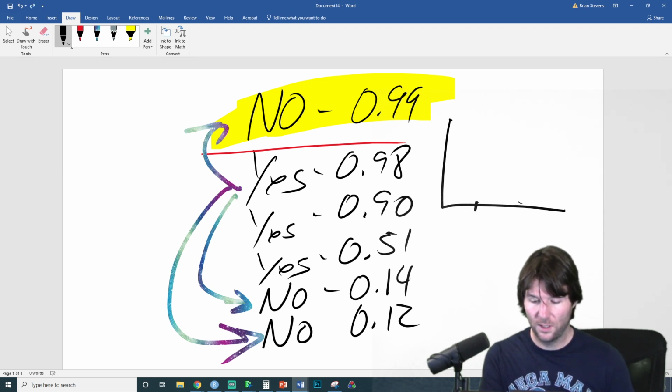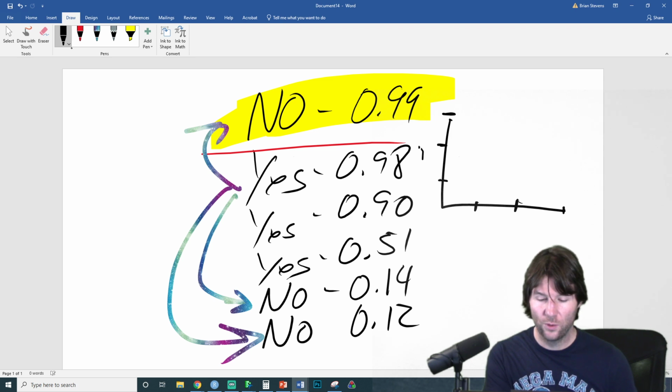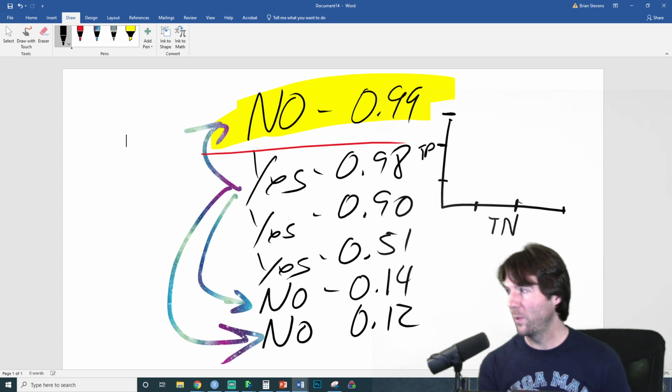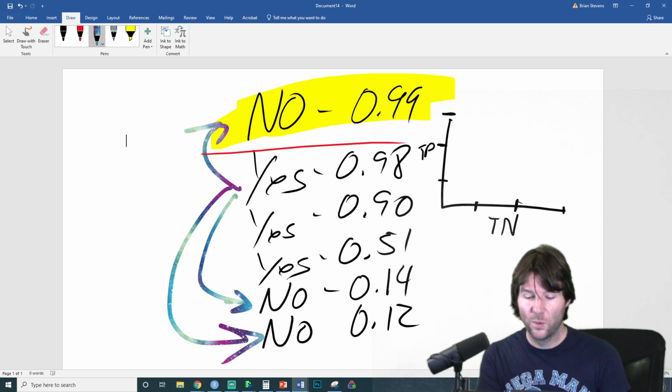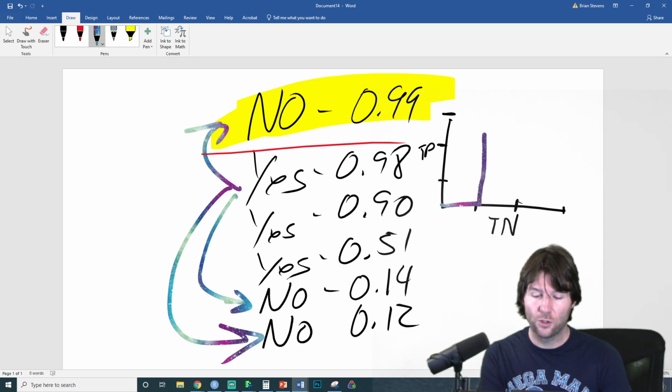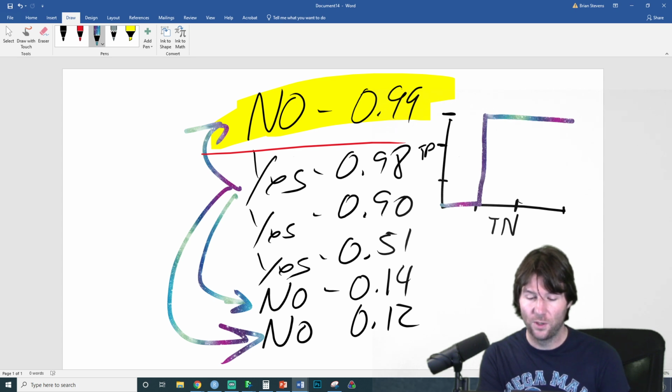So you guys can be like, whoa, if we draw this out, because the more you practice drawing things. These are the true positives, and these right here are the true negatives. So when you move through this, you have to go through one true negative like this, and then you go through all your true positives, and then you go across your true negatives.